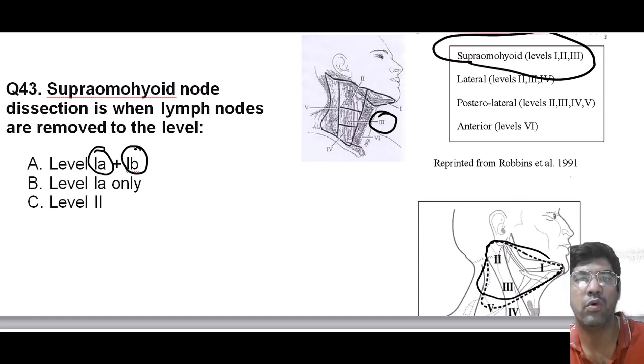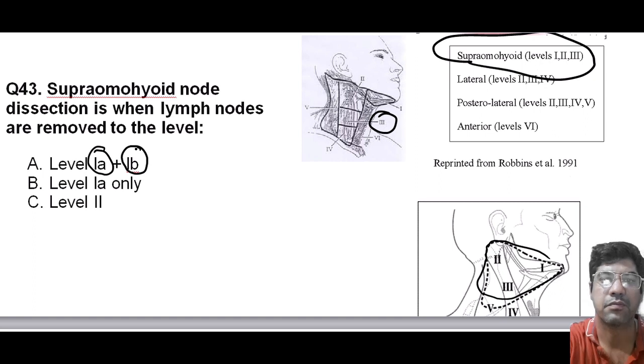Level 2 includes the lymph nodes that are found in the upper neck along the upper third of the internal jugular vein. Level 3 means the lymph nodes situated along the middle third of the internal jugular vein. They extend from the top of the hyoid bone to the bottom of the cricoid cartilage.